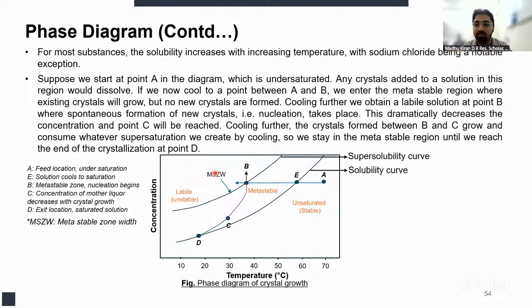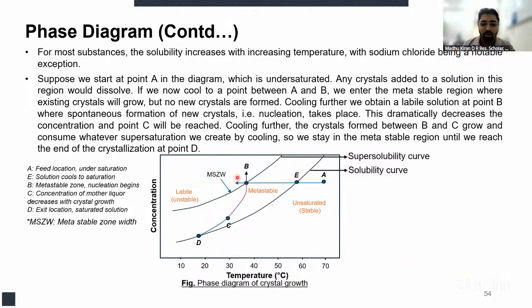This is a very wide size distribution, which is not required for pharmaceutical operations, because as the size distribution is narrowed down, the properties become predictable. But when we carry out crystallization in the supersaturated zone, it tends to be very unpredictable in nature.